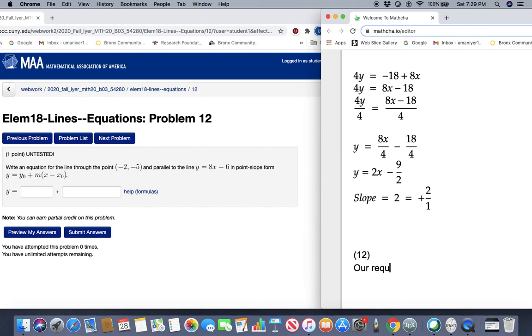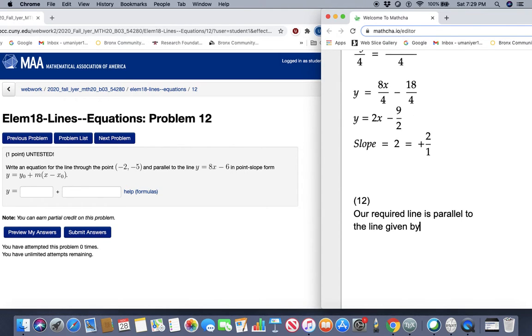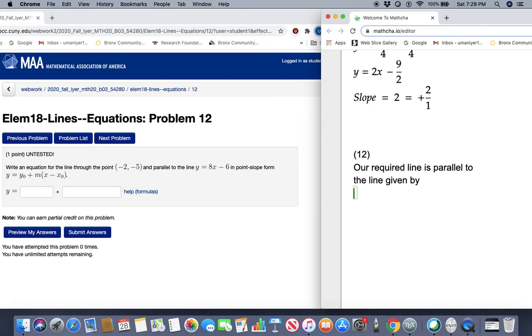Our required line is parallel to the line given by y equals 8x minus 6. But notice this is slope-intercept form. So slope equals 8. So our line is parallel. So the slope of our line is also 8.